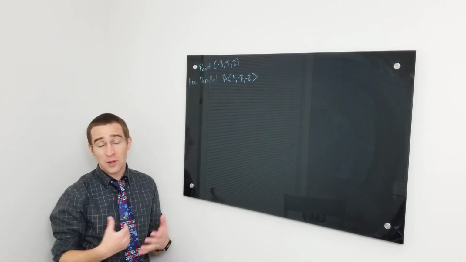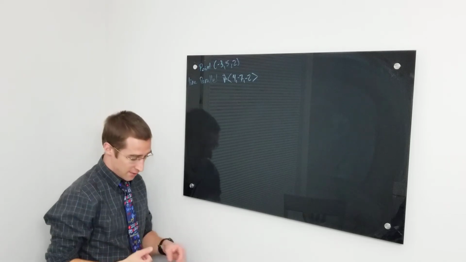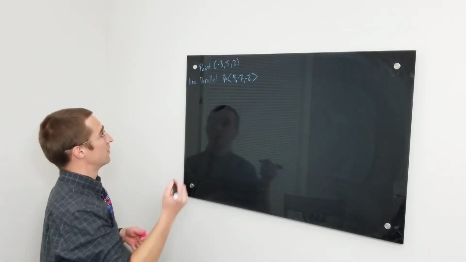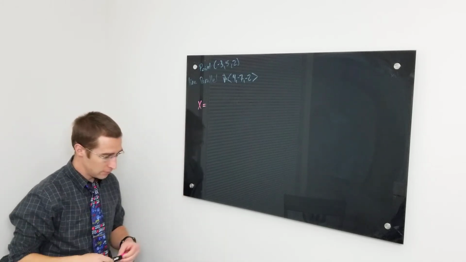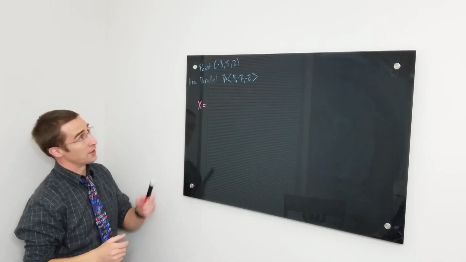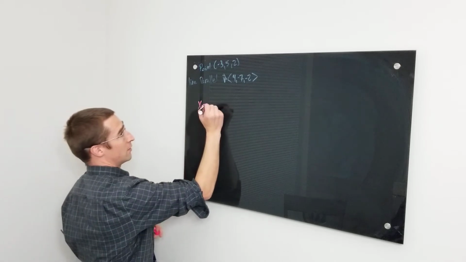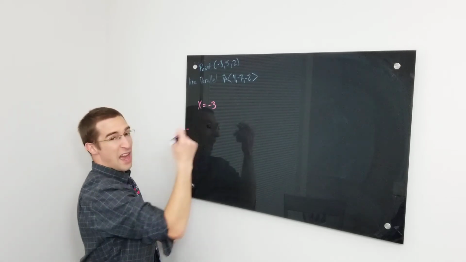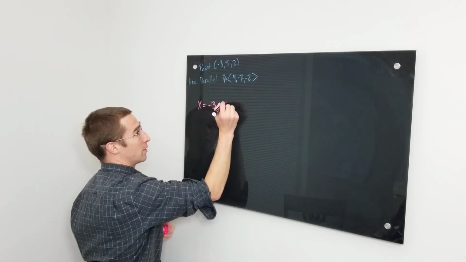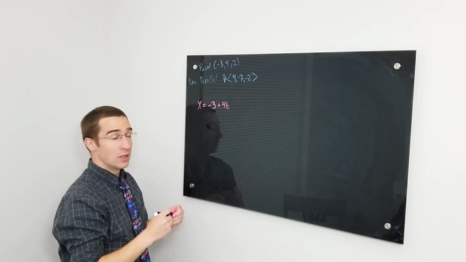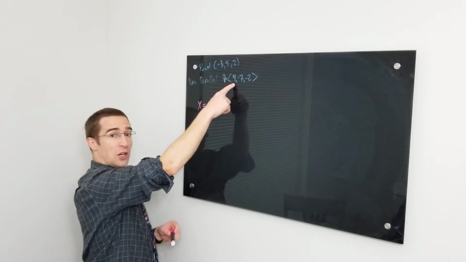So basically what this says is that our x's are going to start at negative 3. And then every time we go 1 step, they're going to increase by 4, because we have a 4 component on our x.